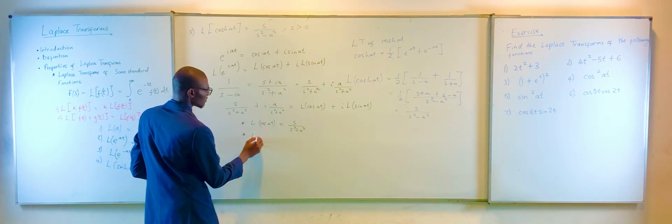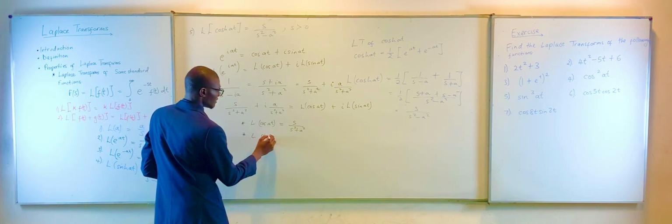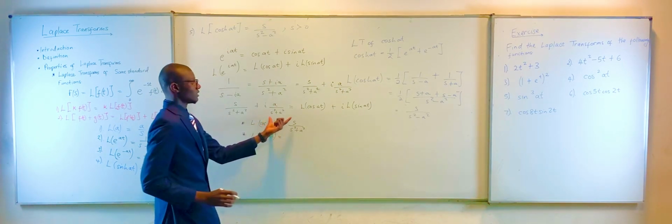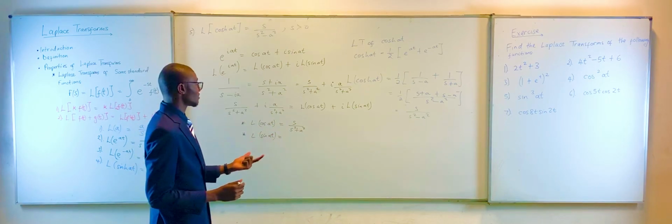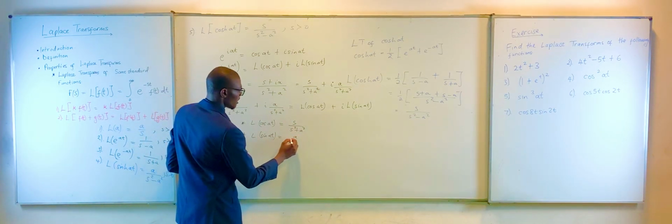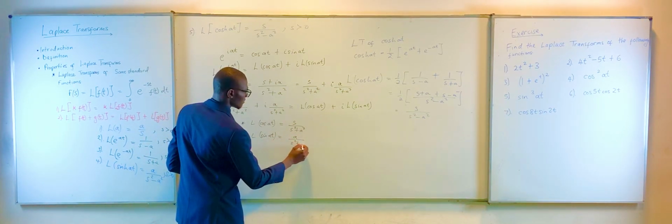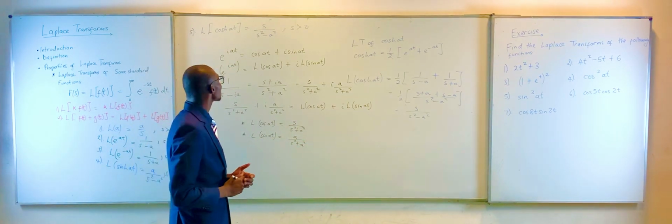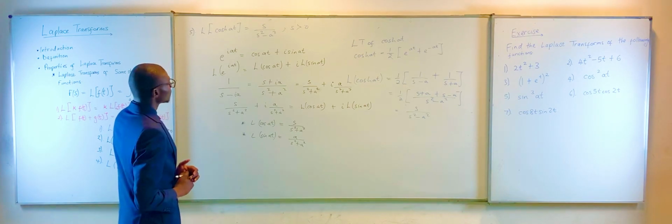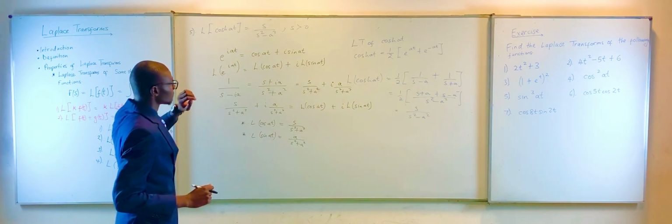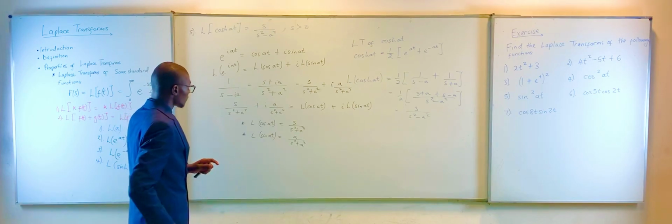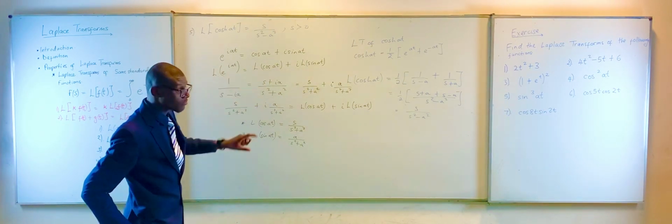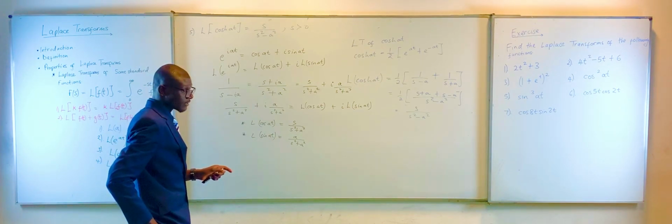Then the Laplace transform of sin at is simply equal to this, right? This is now the imaginary part. That will be a over s squared plus a squared. And both of these are valid only when s is greater than 0, right? So we will actually add them here. Okay, so let's see if we can add them. So allow me to just erase the top part so that I can create some space.